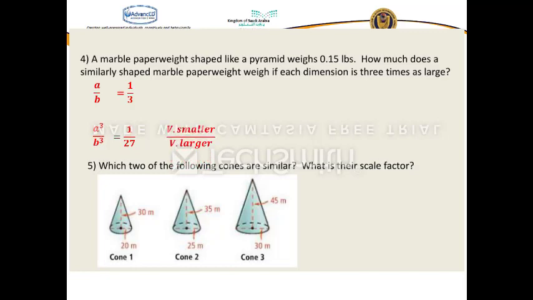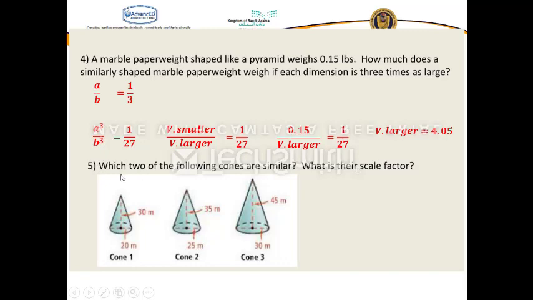Let's write the volume of the smaller over the volume of the larger. The volume of the smaller, according to the given information, is 0.15 over the volume of the larger. This equals 1 over 27. By using cross product or proportion, we will get the volume of the larger equal 4.05.